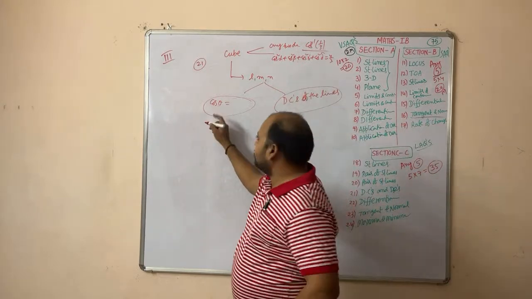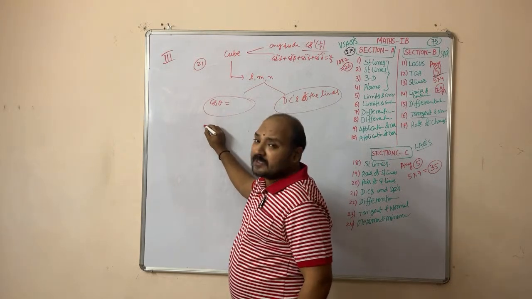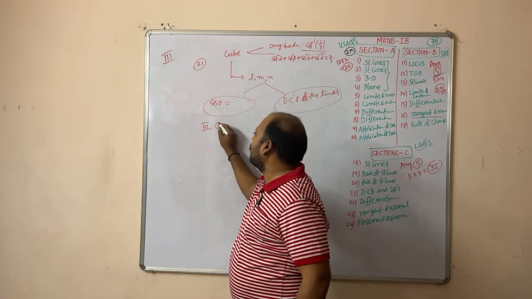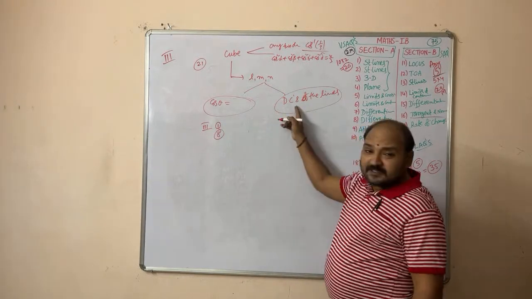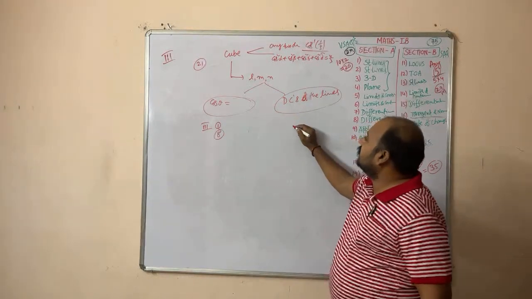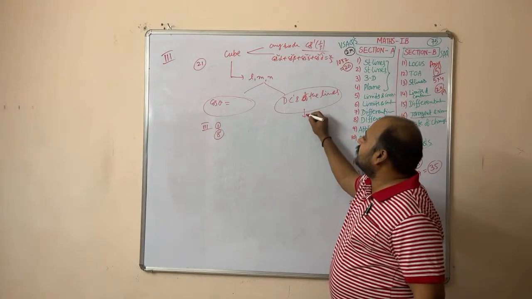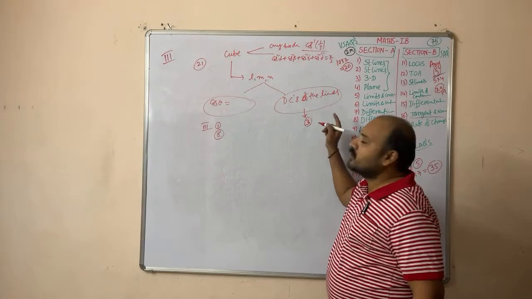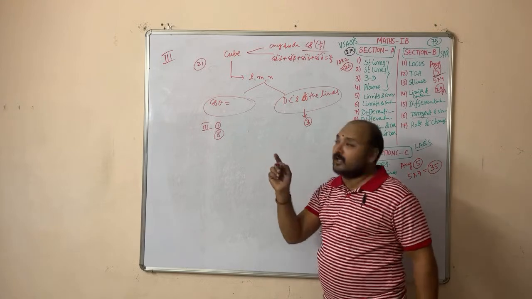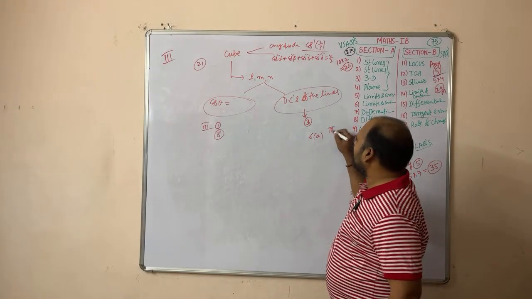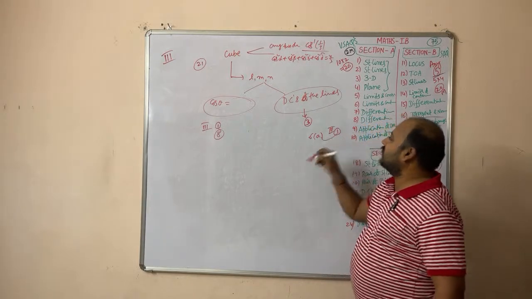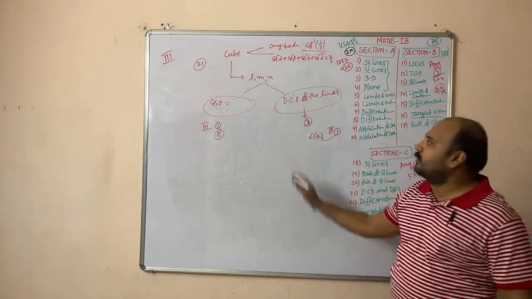Cos theta problems: in the 6b exercise, third bit, question number 1 and question number 8, dear students. And DCs: I think question number 3, and one example in exercise 6a, in the second bit or third bit, only one question is there. DCs of the line segment.